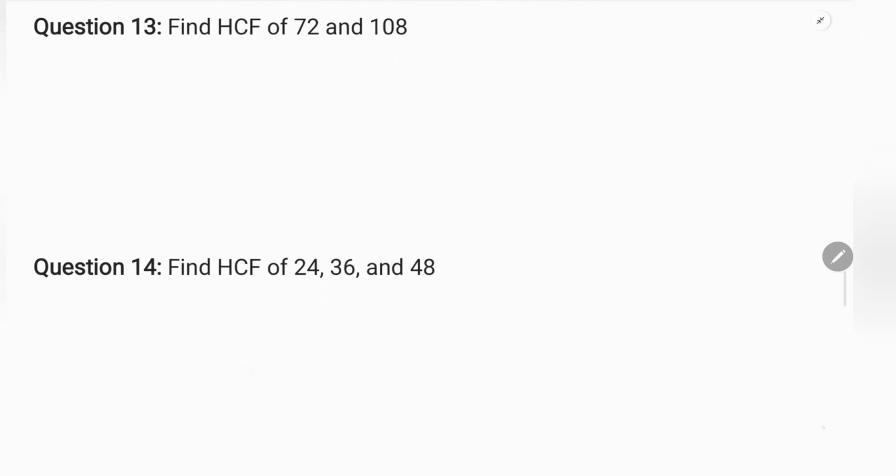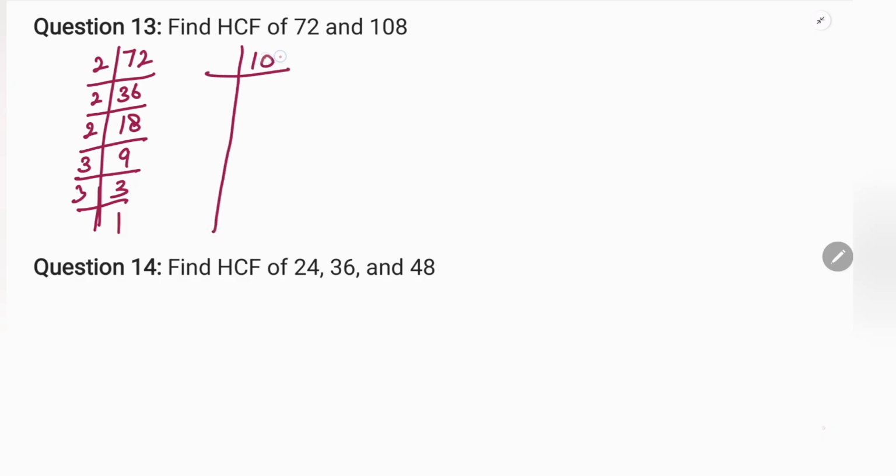So here, 72, 36, 18, 9. I think now you can do this to find the prime factors, right? We just need to divide by prime numbers. And then I will do 108: 2, I will get 54, right? 2, 27, 3, because 27 is not divisible by 2 now, so 3.